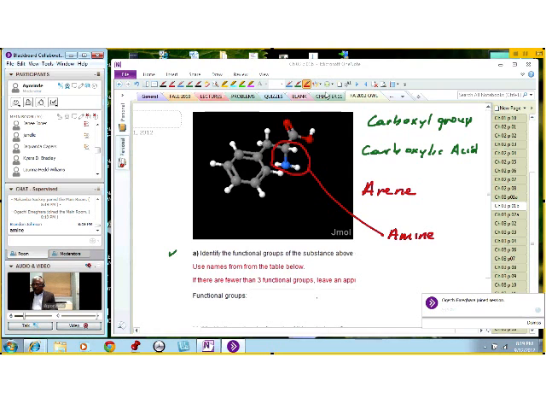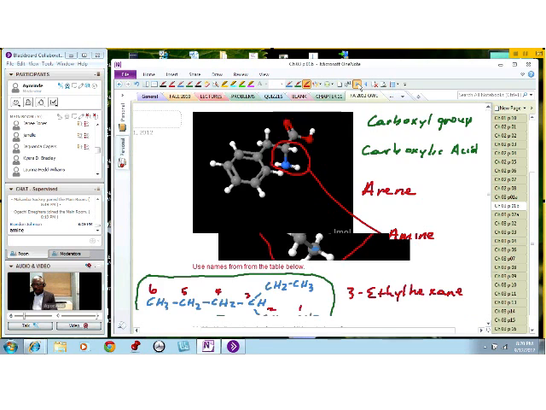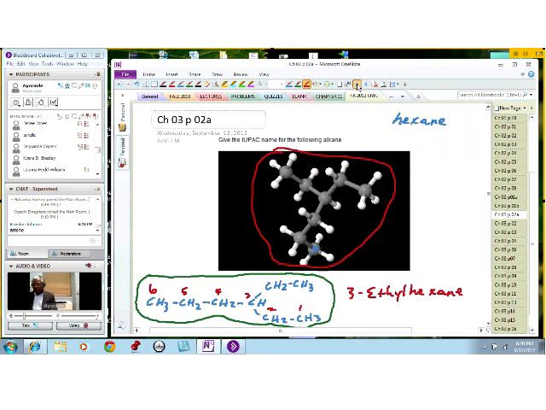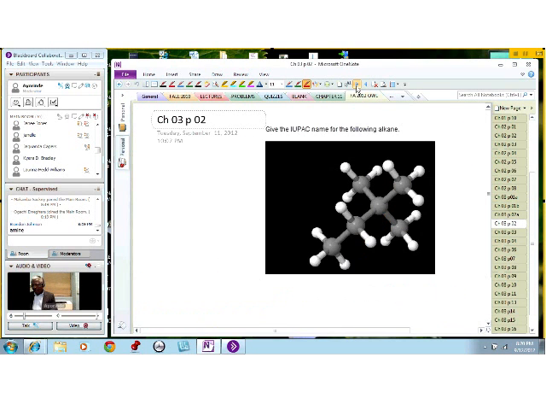Now let us go to the next one. Can anybody draw the skeletal structure for this molecule? What would be the skeletal structure for this molecule here? Before you do that, let me ask you, what is the longest carbon chain in this molecule? 4, exactly.